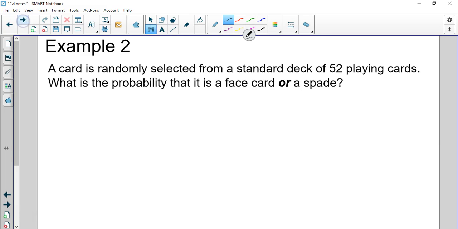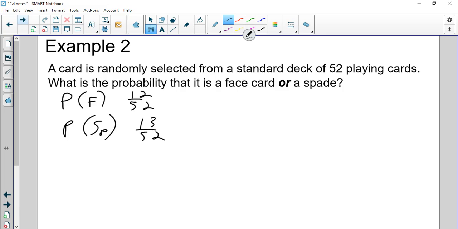Now, what if we talk about a face card or a spade? Well, let's talk about the probability of a face card. We talk about the probability of a face card being 12 out of 52. What's the probability of a spade? Well, that's 13 out of 52. But you need to think about the probability of both. How many face cards are spades?